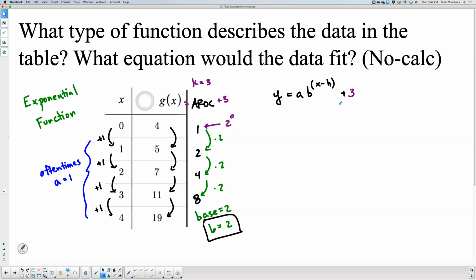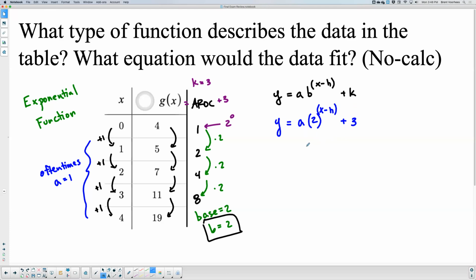Okay, so hopefully that's making sense so far. Now I know the base is 2, so for the sake of notes, let me do it on the next line. We know the base is 2. So y equals a times 2 to the power of (x minus h), and we now know this is going to be plus 3 on the outside. How do I continue from here?